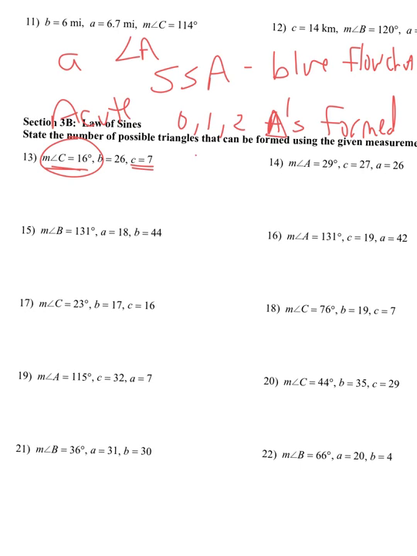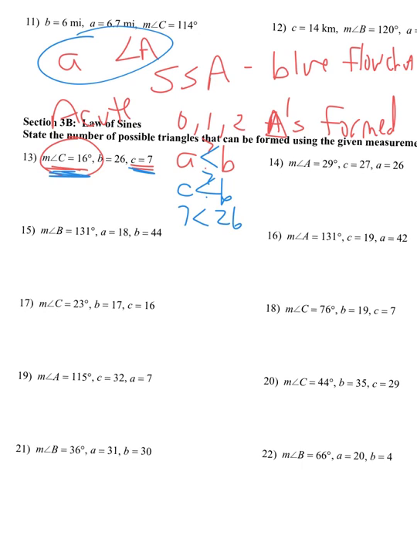Now on the blue flow chart it says compare A to B, but that is if you are given angle A and side A. We are given angle C and side C, so we really want to compare C to B. So I want to compare little side C to little side B. I've got 7 compared to 26. Well, 7 is smaller than 26, so C is less than B.